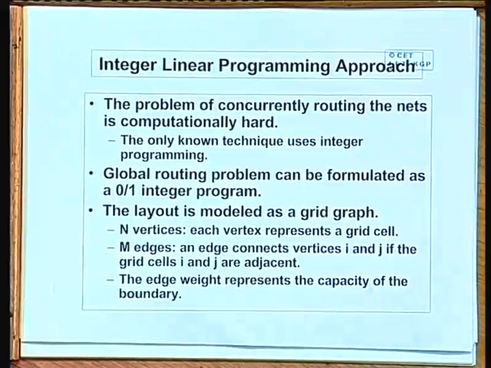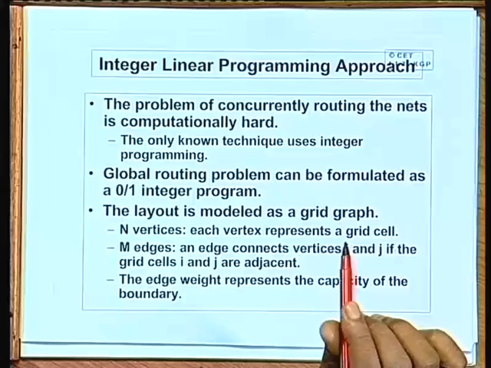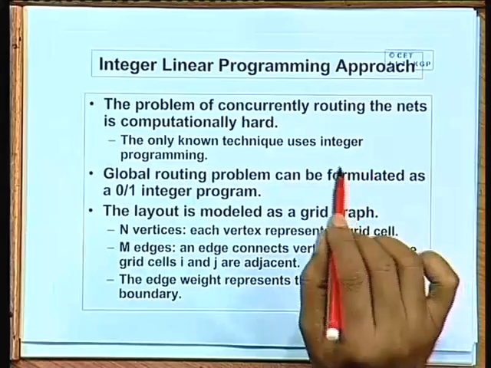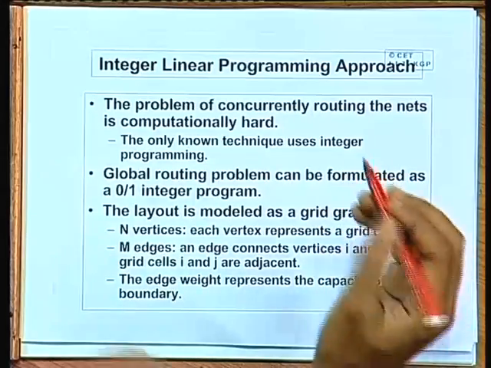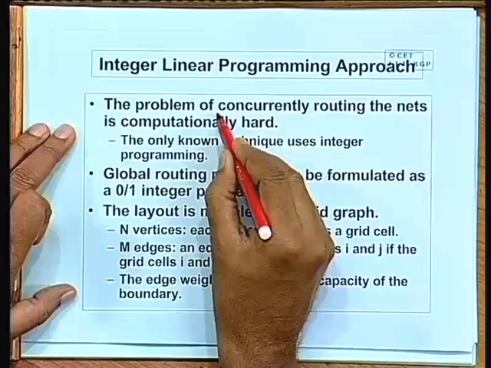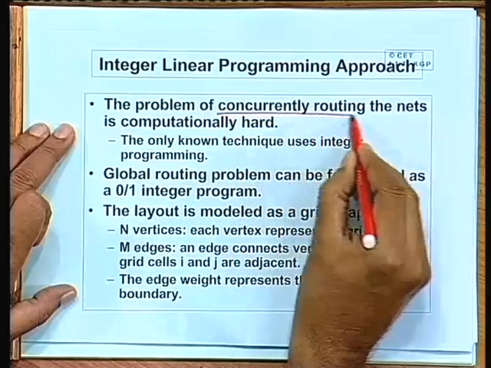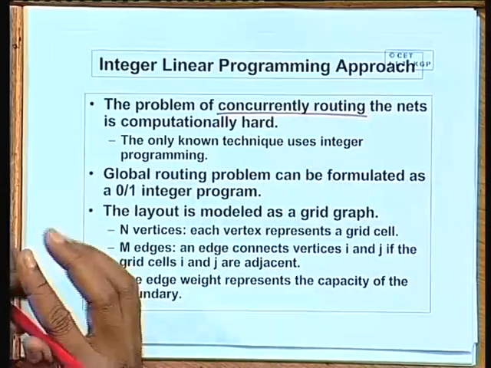So now let us briefly have a look at how we can have an integer linear programming formulation of this problem. Because as I had mentioned, ILP is in fact the only feasible approach where you can handle the problem of concurrently routing the nets.